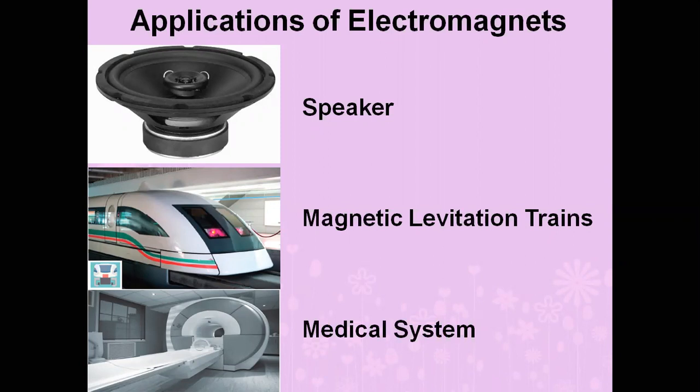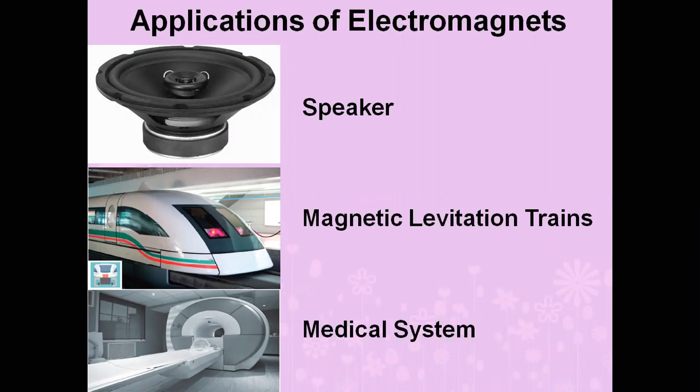The electromagnet is covered by a plastic, paper, or cone, or other flexible material. These electromagnetic vibrations pump the sound waves, and we hear the sound through our ears.